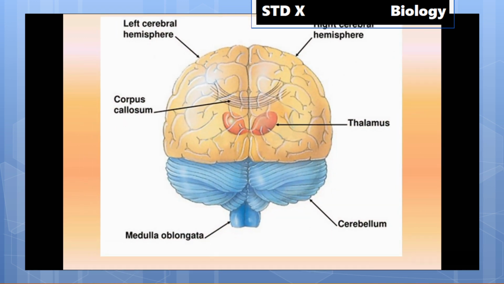This is the back view of our brain. Here you can see the yellowish region cerebrum, then the bluish part which is having so many folds, that is cerebellum, and a small stem-like region medulla oblongata. So cerebral hemispheres, the left and right hemispheres have unique function.